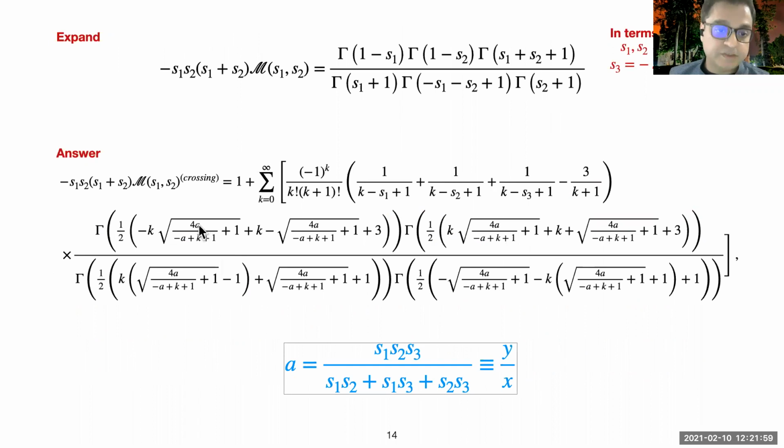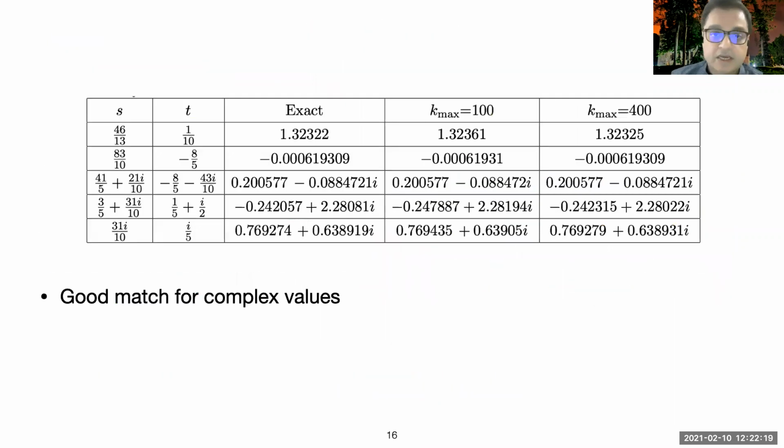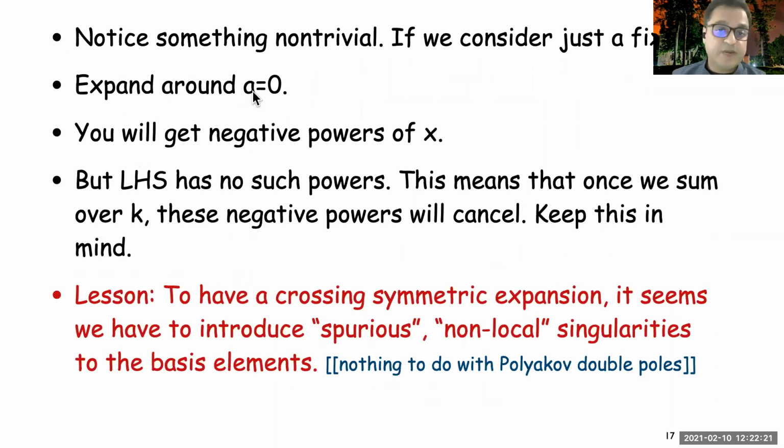But let's suppose we expand around a equal to 0. So a is a ratio of y over x. So suppose you consider a power of a, it will look like some power of y and some power of x, but x will be in the denominator. So for a fixed k, you will find that if you expand around a equal to 0, you'll start getting negative powers of x.